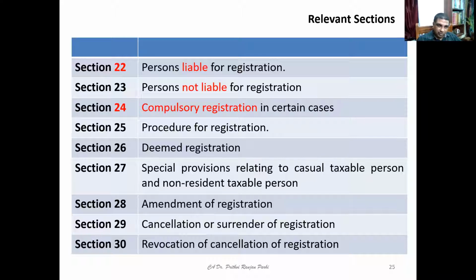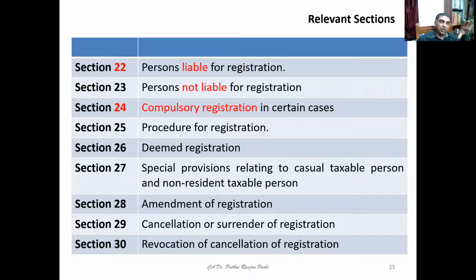Section 25 describes the procedure for registration. Section 26 is about deemed registration. Section 27, special provisions relating to casual taxable persons and non-resident taxable persons. Who are they? We'll be learning. Section 28 is about amendment of registration. Section 29 talks about cancellation or surrender of registration. And section 30 talks about revocation of cancellation of registration.